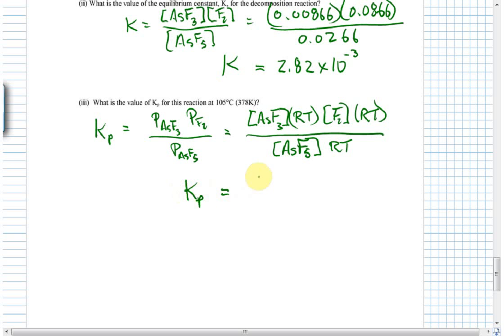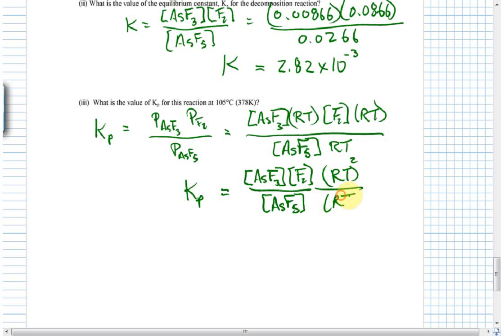K sub P is equal to the concentration of AsF3 times the concentration of F2, divided by the concentration of AsF5. We've got an RT squared in the top. We've got an RT in the bottom, and therefore, if we do some substitution, notice that all of this is just equal to K, and we've got K times RT.